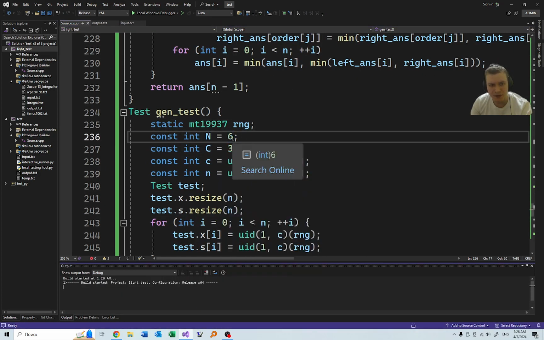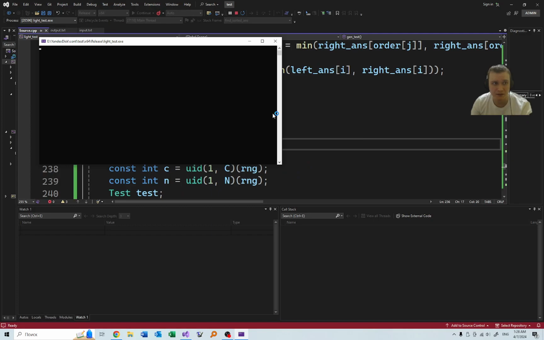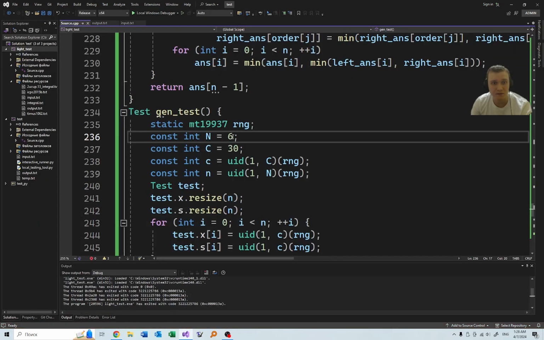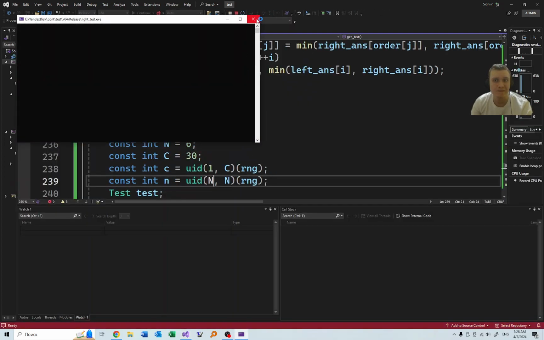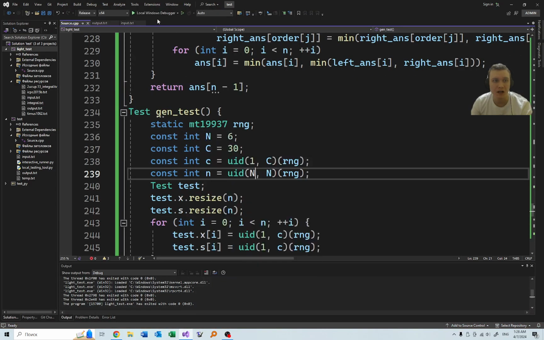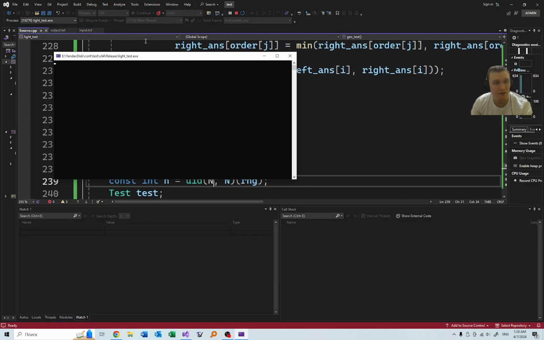However, the test should be sufficiently big. So it cannot find anything for 5, for 6. Ah, it found something, yeah. There is a test.